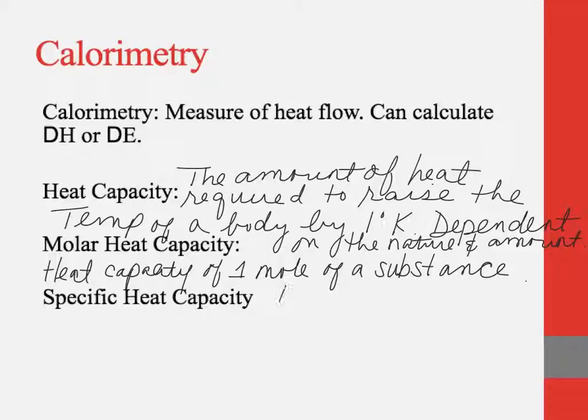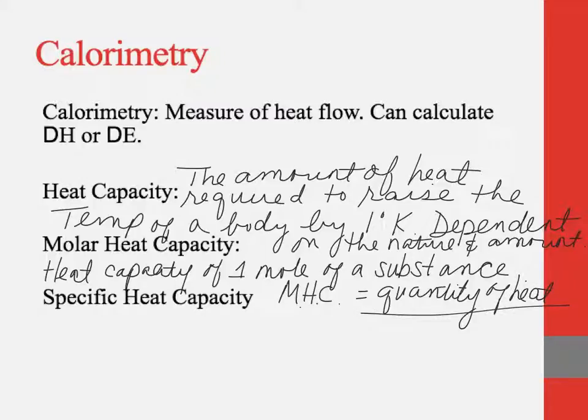Also, I'm just going to abbreviate this MHC because I don't have enough room to write it out. Molar heat capacity is equal to the quantity of heat, usually represented in joules or kilojoules, divided by the moles of substance times delta T, change in temperature.